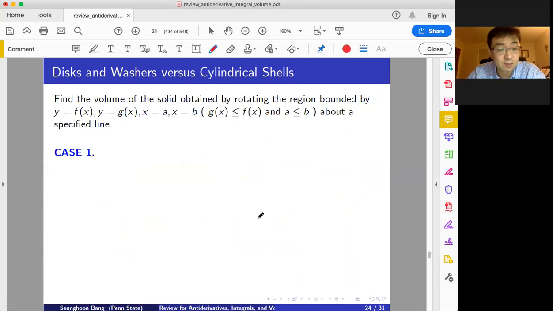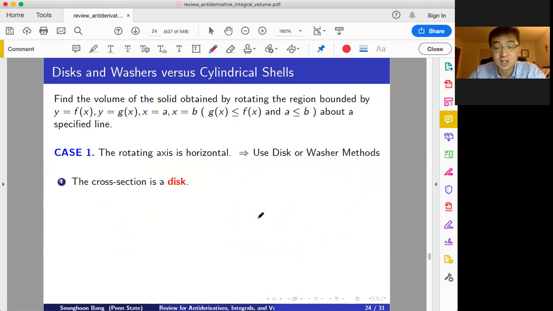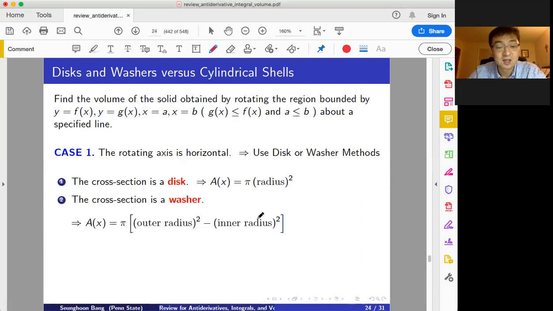I can explain more. Case 1, the rotating axis is a horizontal line. Use the disk or washer method. If the cross section is a disk, A of x is pi times radius squared. If the cross section is a washer, A of x is pi times outer radius squared minus inner radius squared.